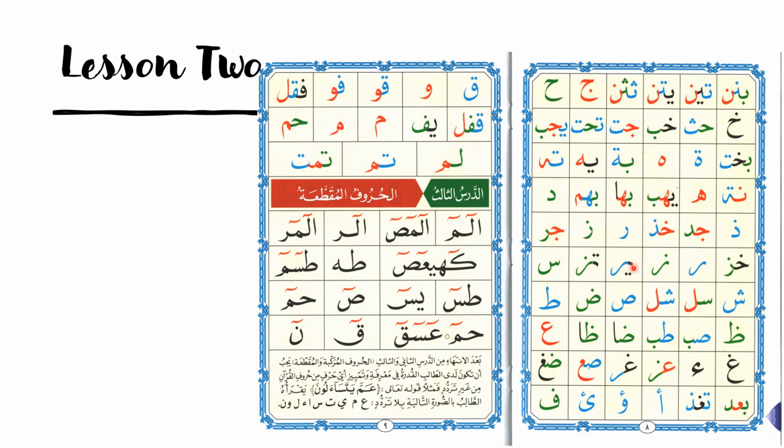So instead of looking like this, it now converts to look like this, or like this if you want to put the dot above. So instead of going like this, the letter and then the ra or zayn, you just do it like this.